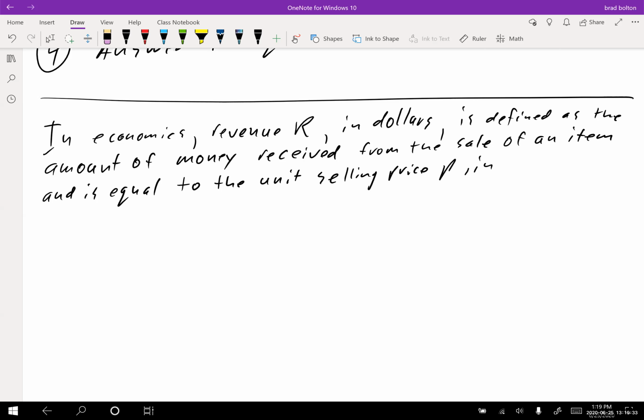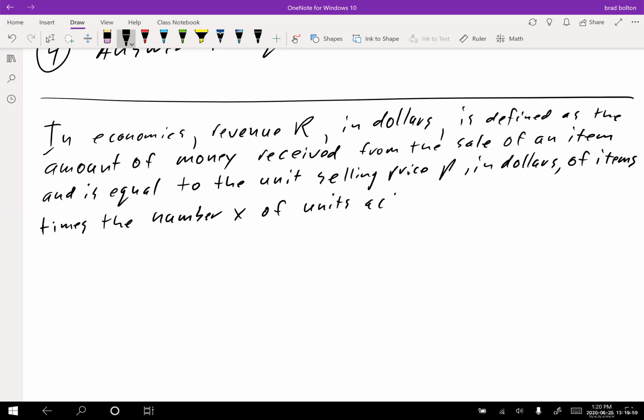This is a sentence from your book, but it is such a run-on sentence. Okay, so that's a fancy way of saying that R is equal to X times P. So you take X being the number of units sold times the price, and that's your revenue, okay?